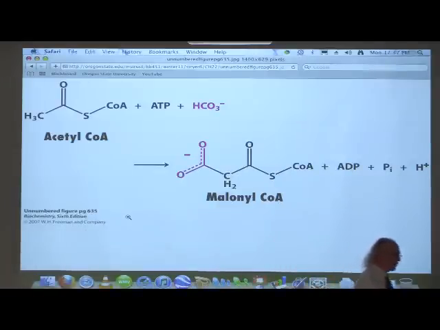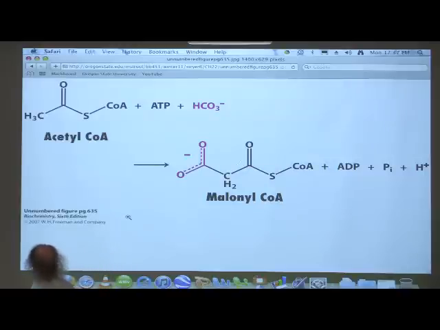So we're making an intermediate called malonyl-CoA, which has 3 carbons. Now what we're going to see is that the cell actually chops off that carboxyl group it put on in the process of growing the fatty acid chain. So this is only on here transiently, but this is an important step in the synthesis of fatty acids.